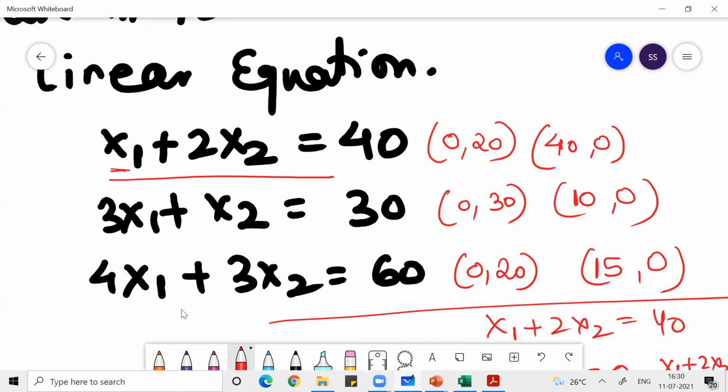So I make the process easy by assuming one variable is 0, and automatically you will find the simultaneous value. Clear, everyone?